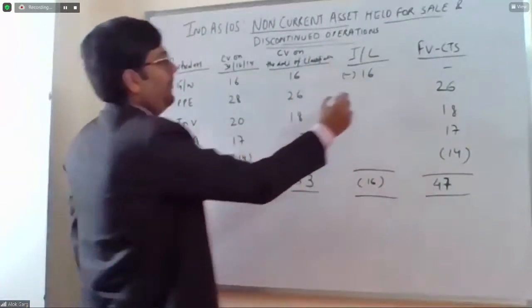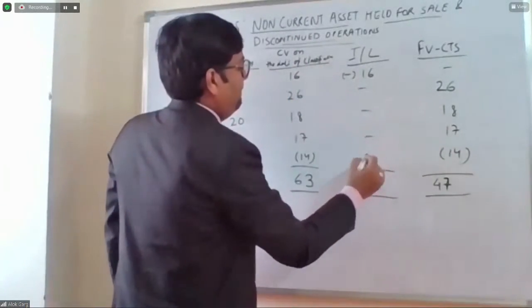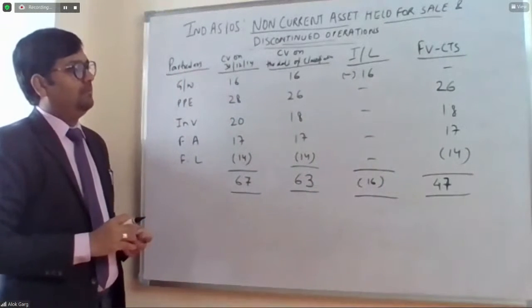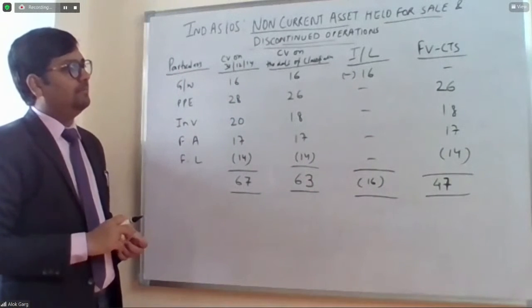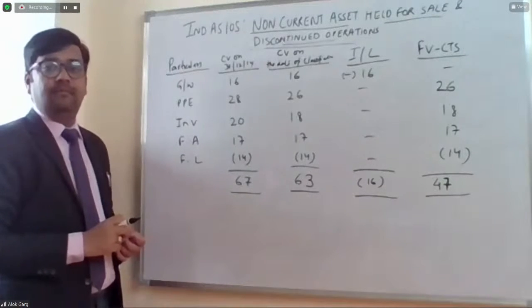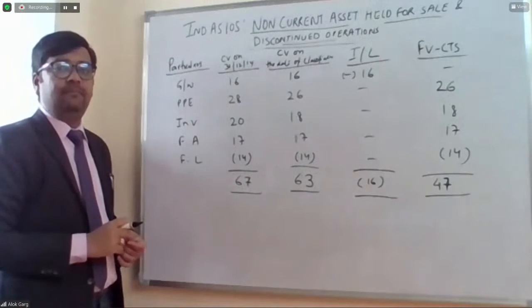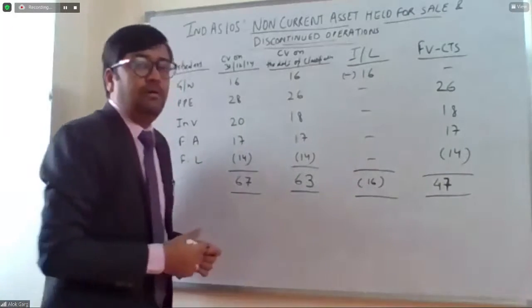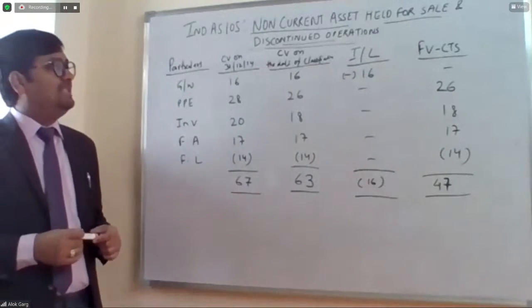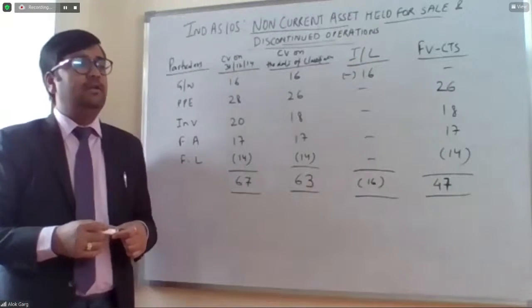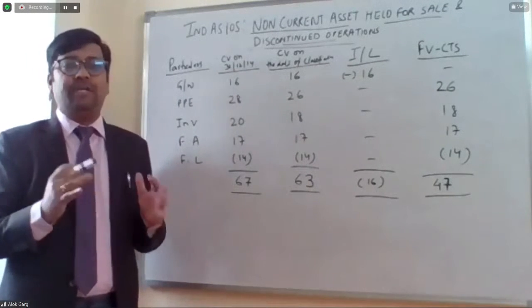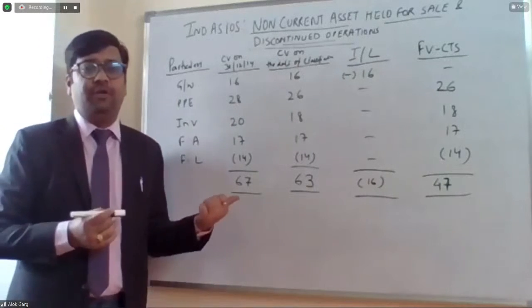Is it clear? So this is how the treatment of a disposal group classified as held for sale has to be done. It is in the same manner as what we were doing under allocation of impairment loss to a cash generating unit under IND AS 36.